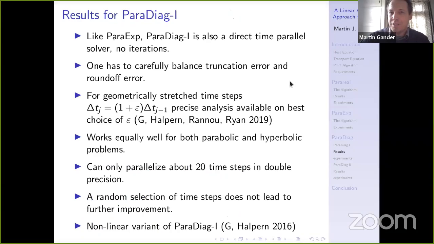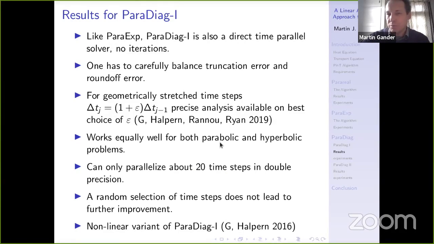So you can imagine that there is a very, very delicate estimate that you need to not destroy this method by round-off error. And for a geometrically stretched time grid, which is using from the old time step a 1 plus epsilon multiplication to get to a new time step, so all these time steps are linked, one can actually analyze and one could determine what the best choice for epsilon is to balance truncation and round-off error.